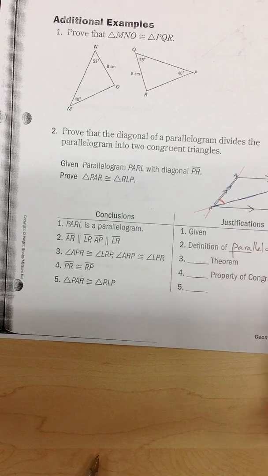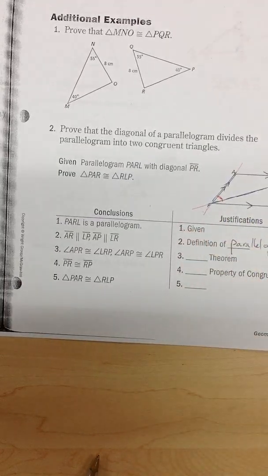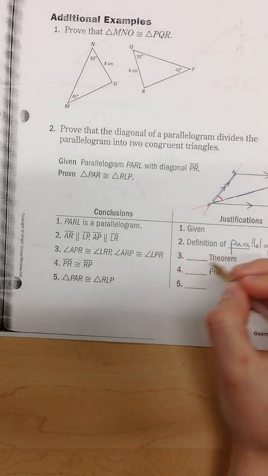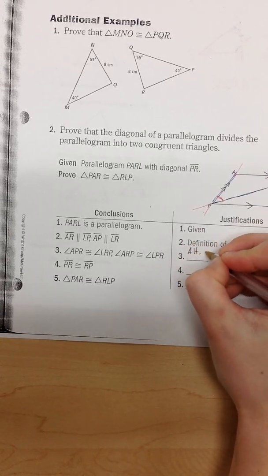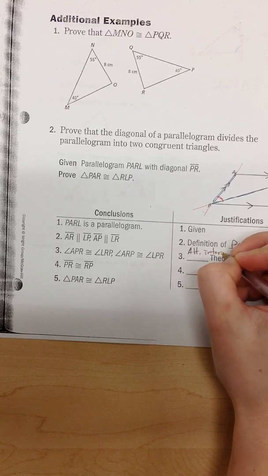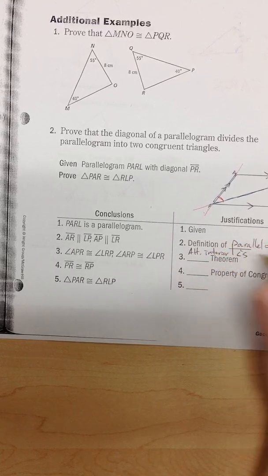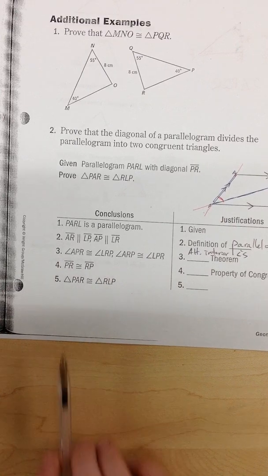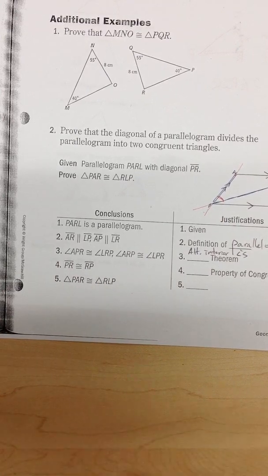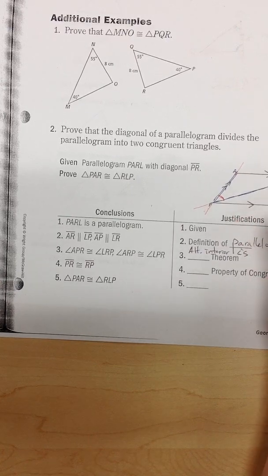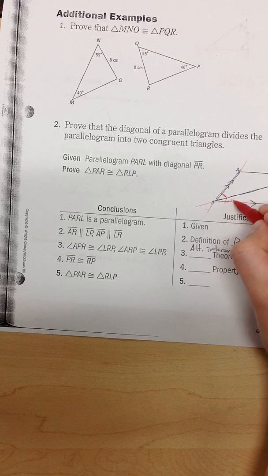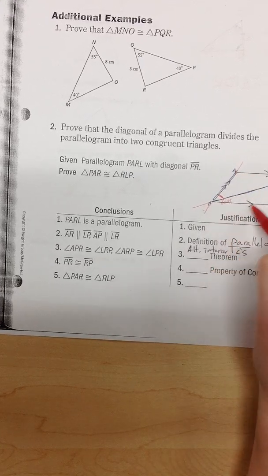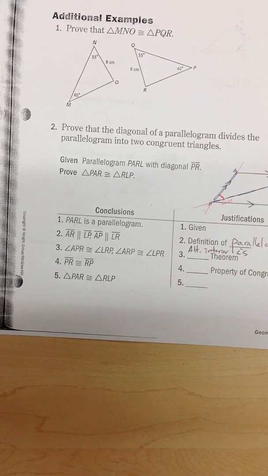So when we follow that Z-type shape in between our parallels, those would be alternate interior angles. So this blank here is alternate interior angles theorem. And then that also works for the other one they list there, ARP, that one, and LPR, that one. Those would also follow that Z shape, so that also fits the alternate interior angles theorem.